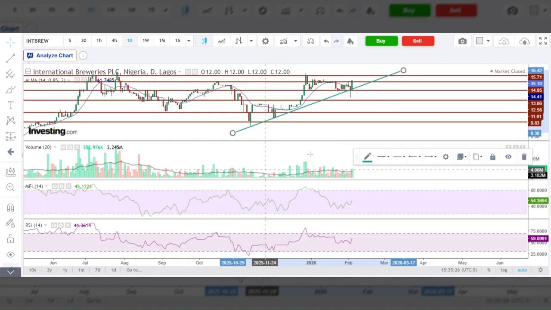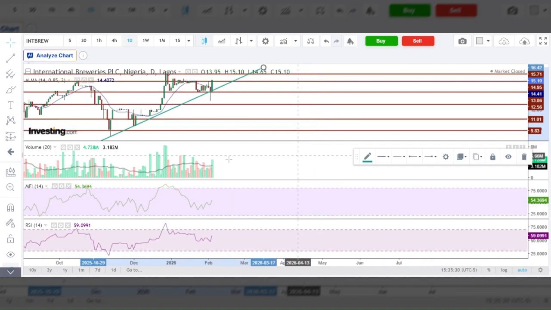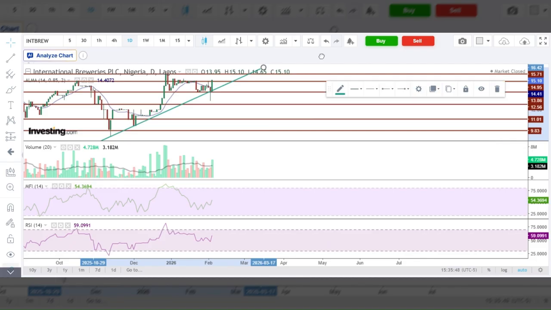All right, so these are our indicators to know if this is a good buy signal or not. First of all, our volume is positive. Let me put this somewhere else so you can see.